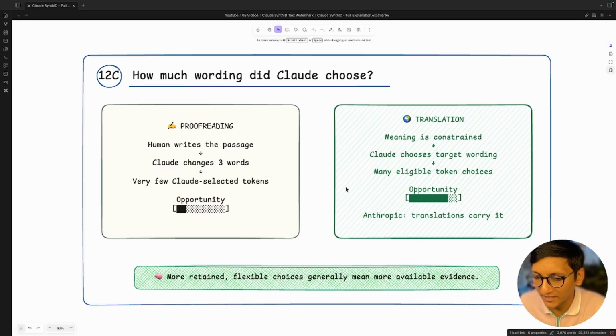So if I ask to translate a text from English to Japanese, the meaning will be constrained, but Claude has more freedom to choose the target words, and many eligible tokens can be chosen. So the opportunity is more. Anthropic translations can carry the watermark signal. The more flexible the choices, the more evidence will be available.